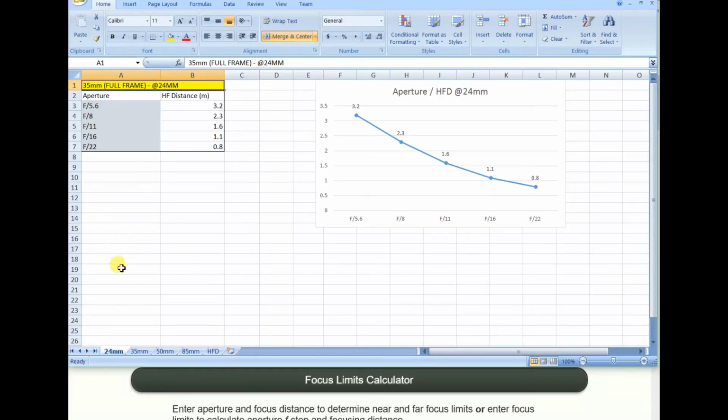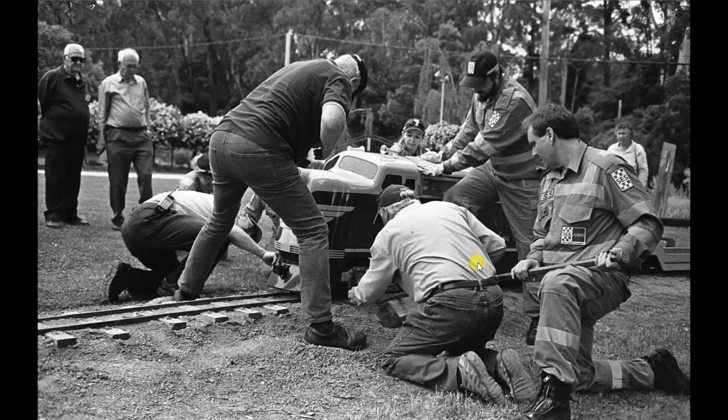So focus not halfway, not three quarters, not off to infinity. Focus only about a third of the distance of your total frame. And even this can save you. It's not as good as using hyperfocal distance, but it's definitely something that can assist. And you'll find you'll have much better, especially landscape shots, using this technique.